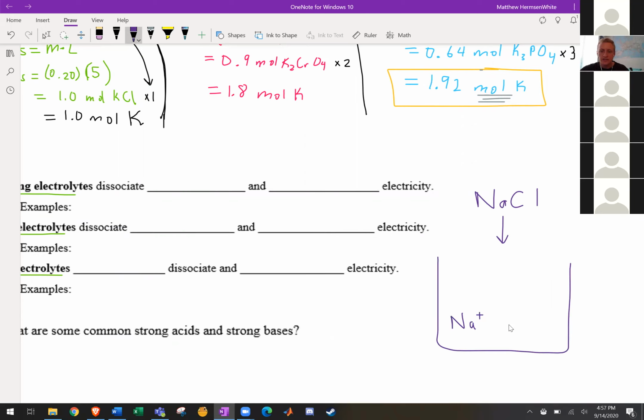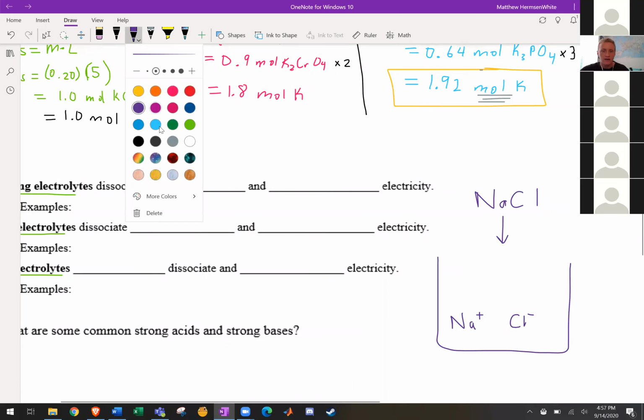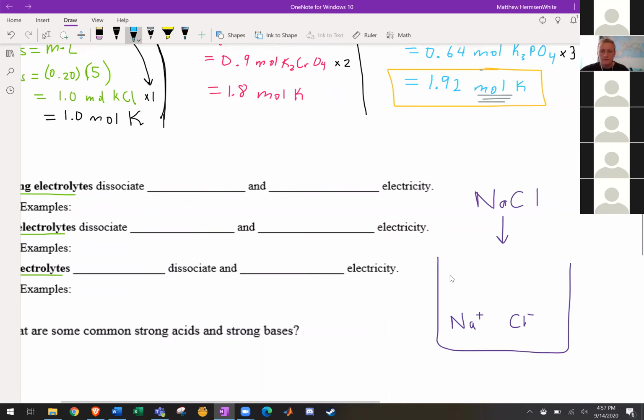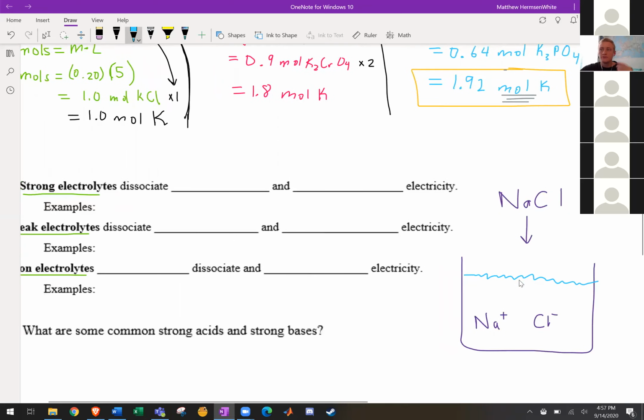It dissociates, or breaks up, into sodium and chloride ions. This is water here. When you take it out of the water and evaporate all the water off, it'll turn back into NaCl. But as long as it's present within the water, we call this dissociation.